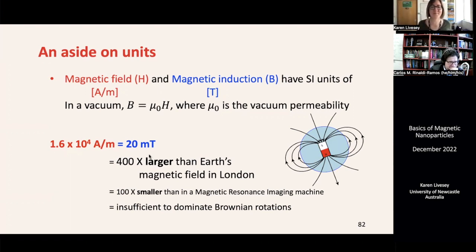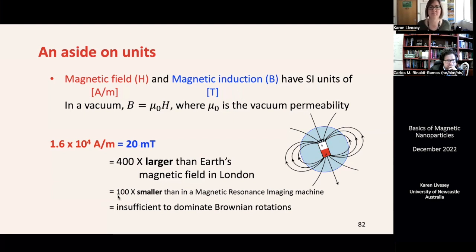So 400 times bigger than the Earth's magnetic field, which is probably good because if we're applying this to magnetic samples and expecting a response, it makes sense that it's larger than the Earth's magnetic field, because otherwise the Earth's field would be causing havoc in all our devices everywhere. But it is much smaller than, say, the field used in an MRI, magnetic resonance imaging machine, an estimate of 100 times smaller, depending on your MRI.